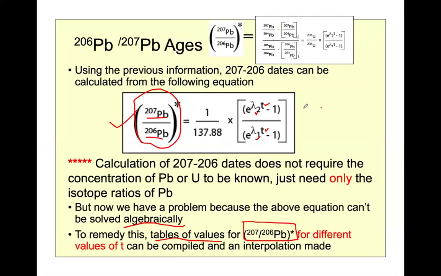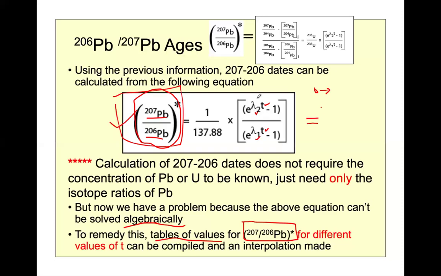You can insert different values of t, from 0 to the different values that we chose for t. You can substitute these values here, and you will end up with some final value. Once you put t here, you will get a value for this ratio, because lambda 1 and 2 are known.